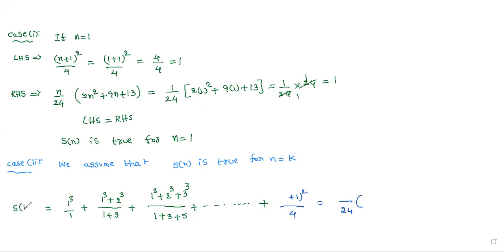S of k is equal to 1 cube by 1 plus 1 cube plus 2 cube by 1 plus 3, 1 cube plus 2 cube plus 3 cube by 1 plus 3 plus 5 and so on, k plus 1 whole square by 4, is equal to k by 24 into 2k square plus 9k plus 13, equation number 1. S of n is true for n equal to k. Write down.